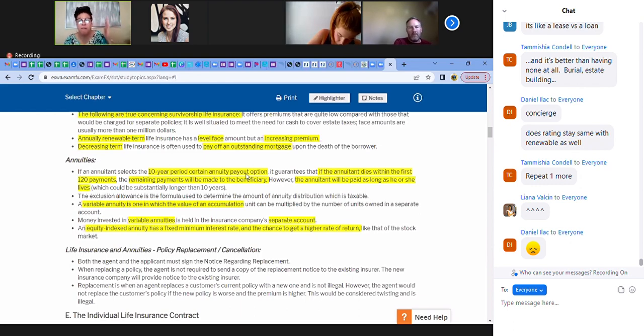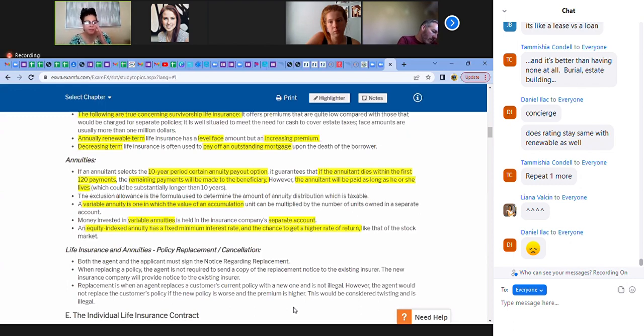There's 12 months in a year, which means there's 12 payments in a year. If I have a 10-year period certain annuity, 12 times 10 is a total of 120 payments that will be available to my beneficiary.